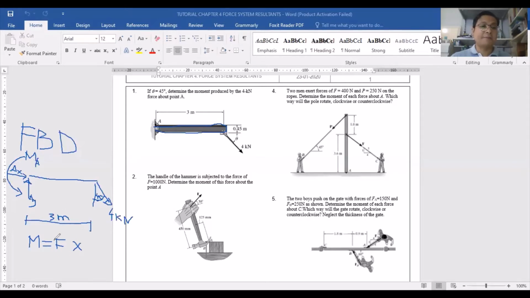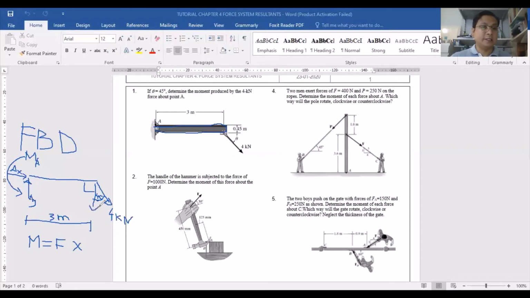How about F? Now the question is F in the Y direction, so it should be perpendicular to the beam. So we should resolve to the Y direction.